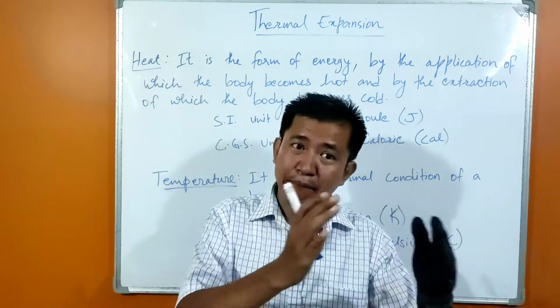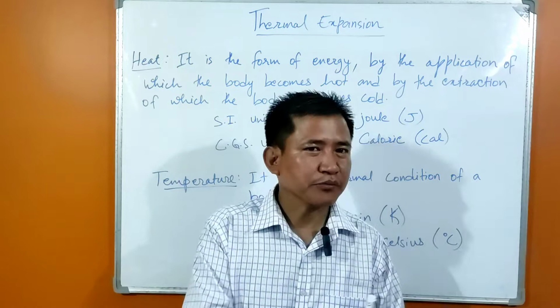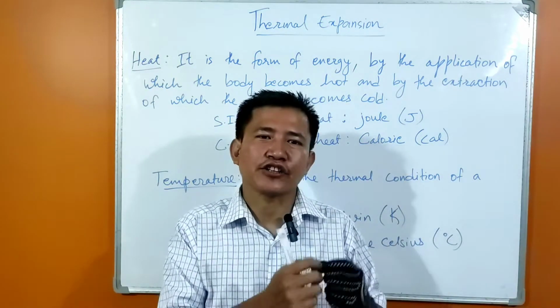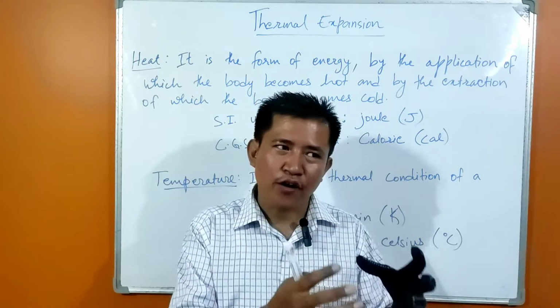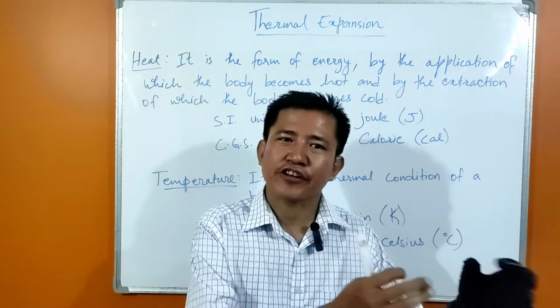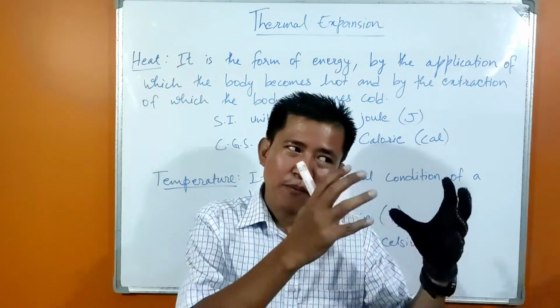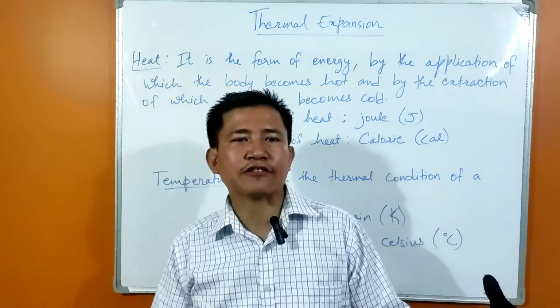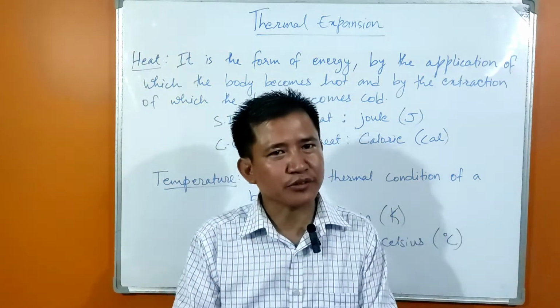By the application of heat, the body becomes hot, which means when a body absorbs heat, the body becomes hot. And when a body loses heat, or when heat is extracted from the body, it becomes cold.